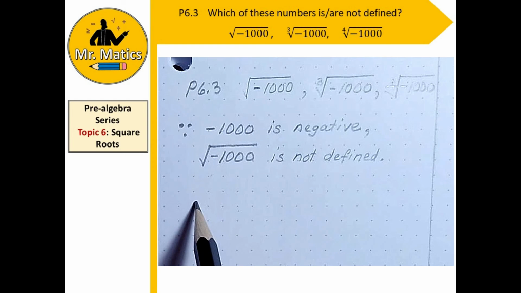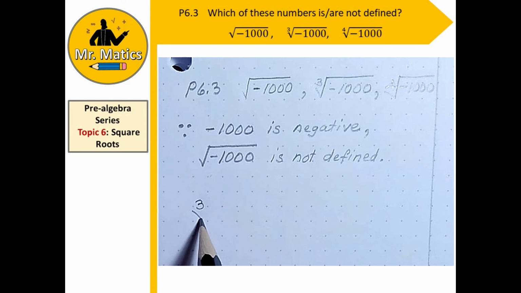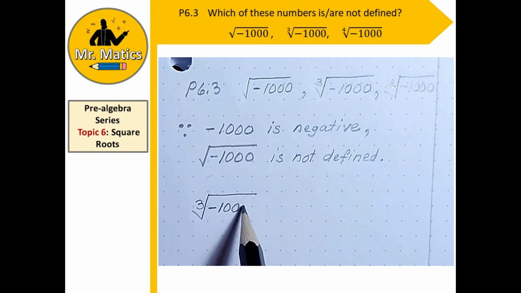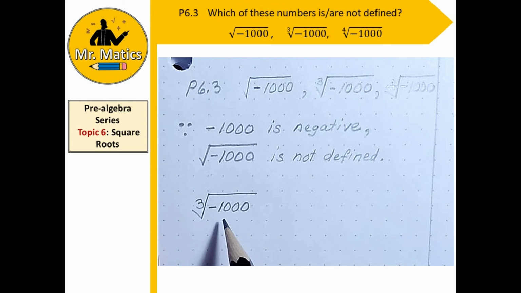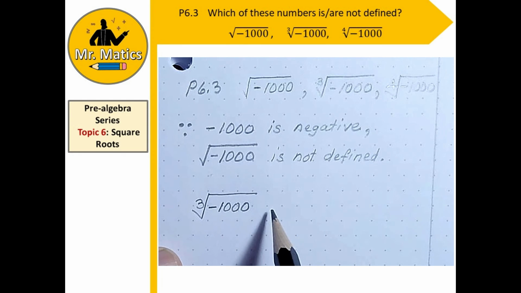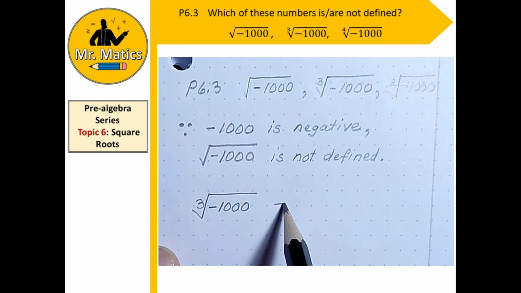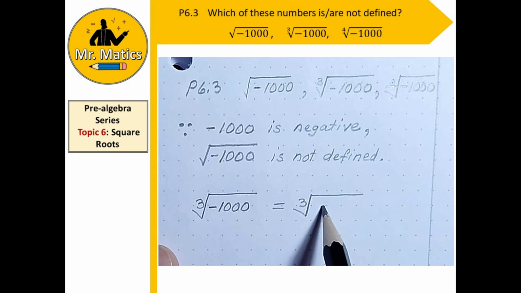But that is not true for cube root of minus 1000. Minus 1000 cube root can be written as cube root of minus 10 cube.